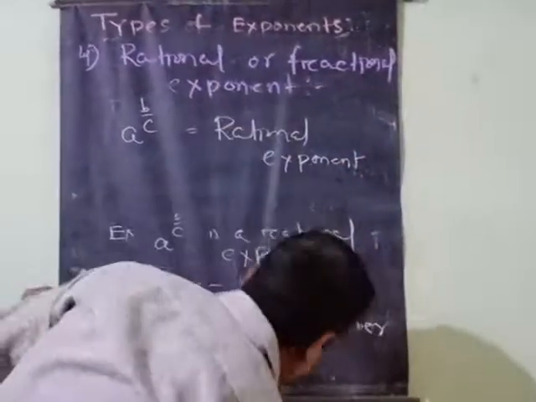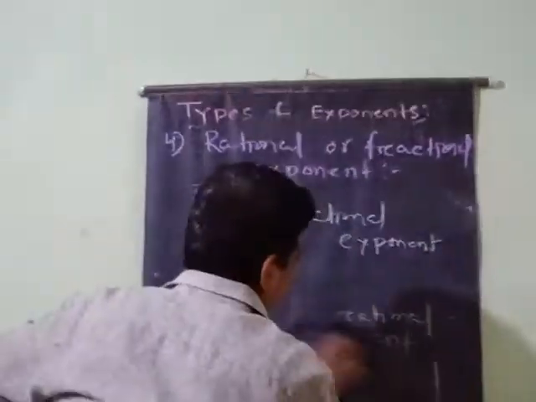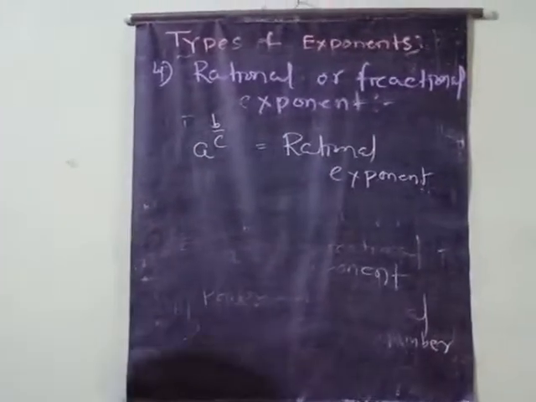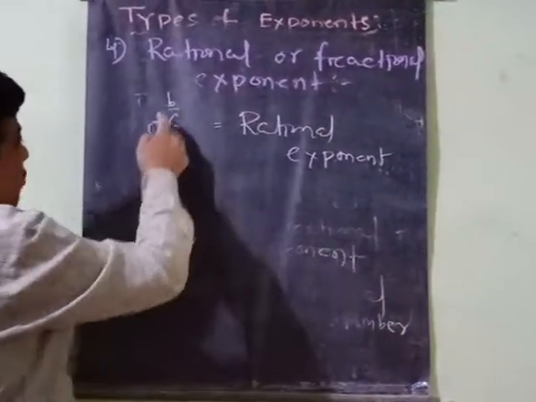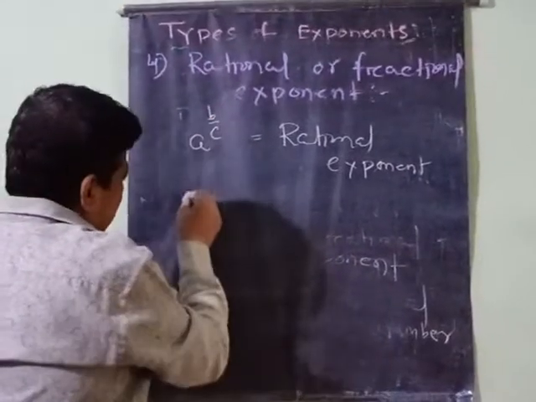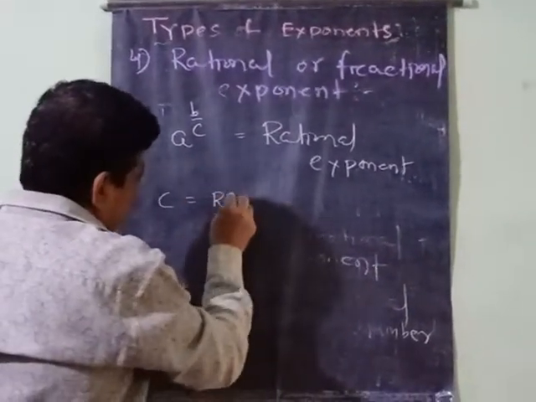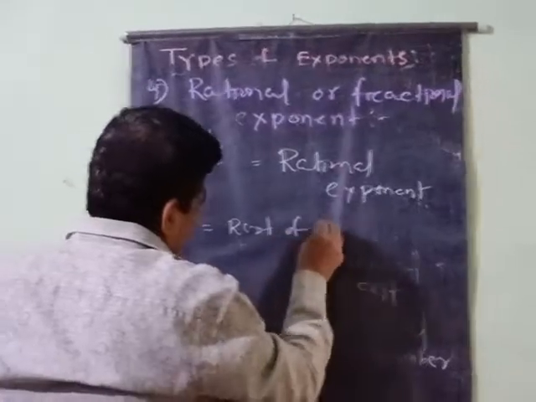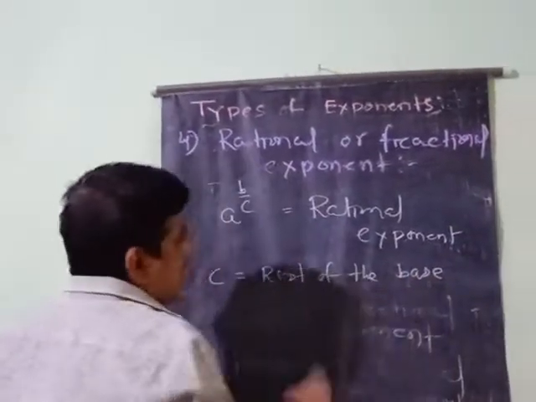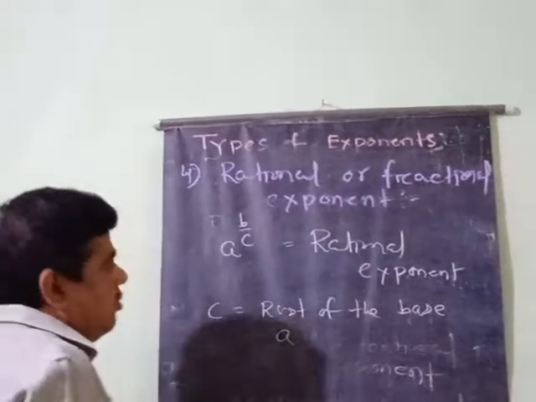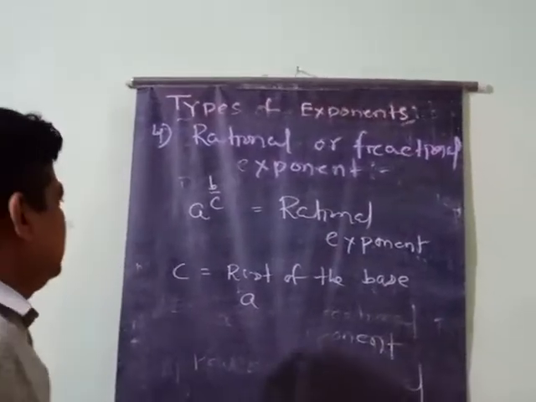We can write here one thing, you just note the new terms for you. Let us see here a to the power b upon c. And then c, what is c? C is the root of the base. Root of the base a. This is called the root of the base a.